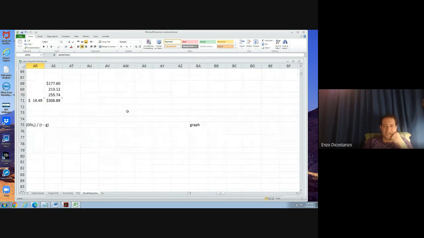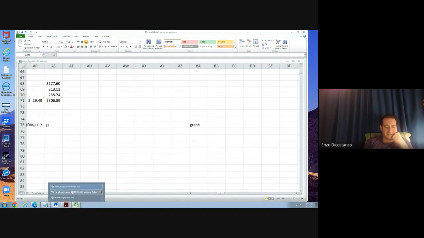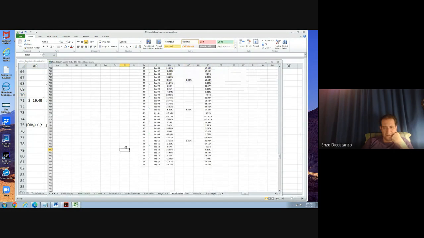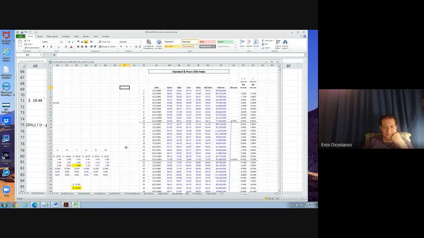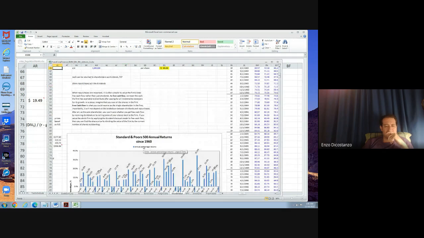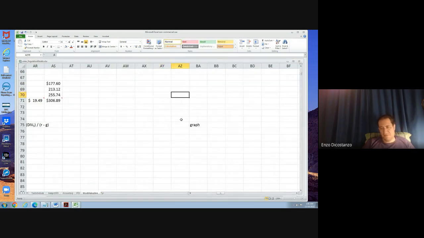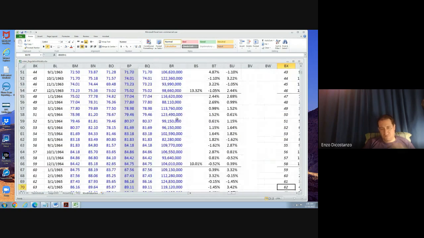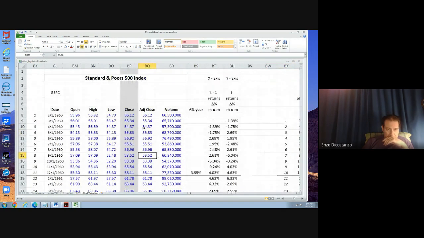I think we jammed in the graphs. Yeah, we jammed in the graphs here. So let's see what that first graph looks like. We took the annual returns. The annual returns. It's month over month.